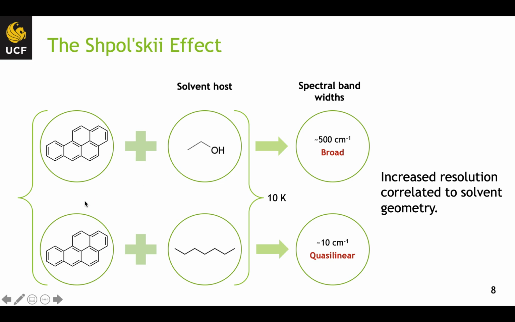However, if you take this same PAH molecule and you rapidly freeze it in n-heptane, the spectral bandwidth observed is what you call quasi-linear, or almost line-like, with bands as sharp as 10 cm^-1. So we see the phenomenon described here is an increased resolution of this spectra correlated to the solvent geometry.